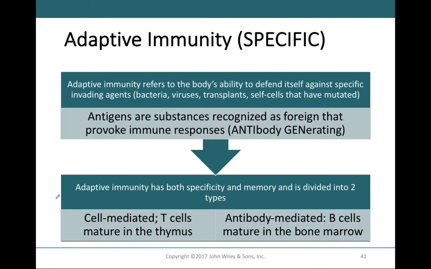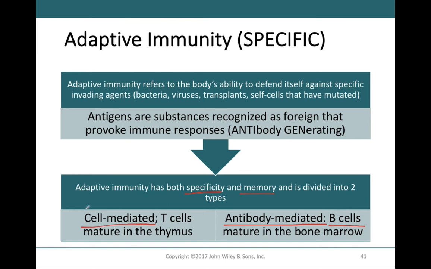So this slide will tell you much information that I've already in fact told you several times. The adaptive immune system displays both specificity and memory, and it has two major branches, our cell-mediated immunity and our antibody-mediated immunity. Antibody-mediated immunity is just another word to say our humoral immunity, which includes our B cells. We call this the humoral immunity because antibodies exist within our body's humors, such as interstitial fluid and blood.